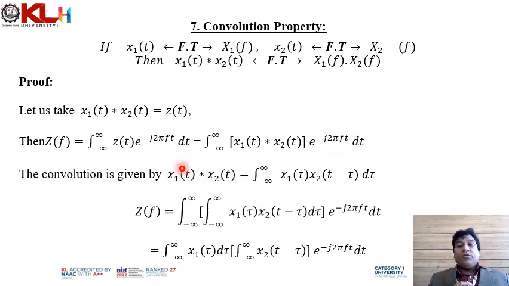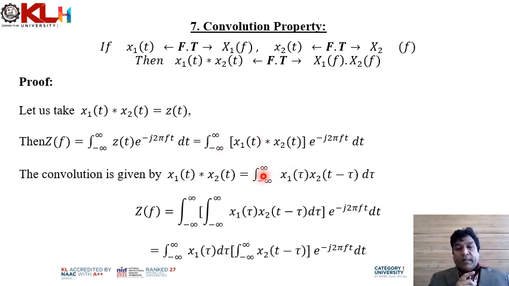Then this convolution we are going to write using the convolution integral formula, integral from minus infinity to infinity of x1 of tau x2 of t minus tau d tau. Therefore, we substitute this integral into the Fourier transform equation.